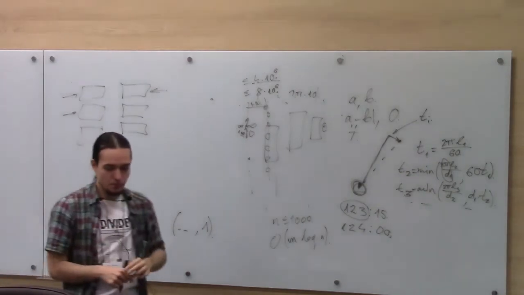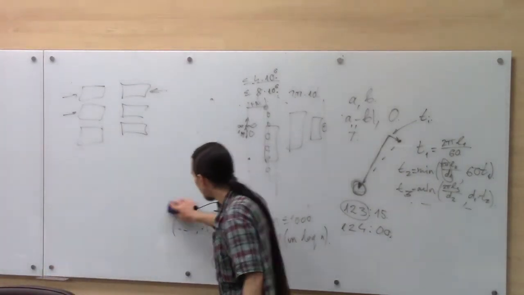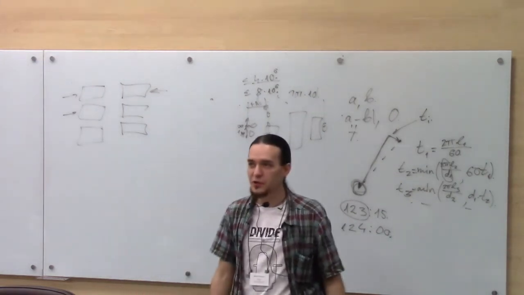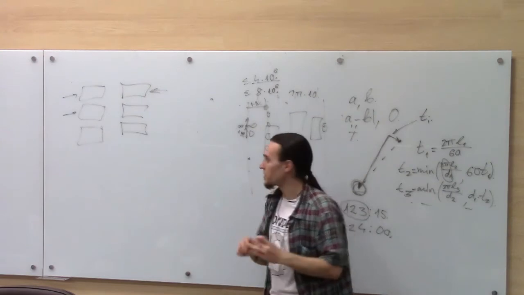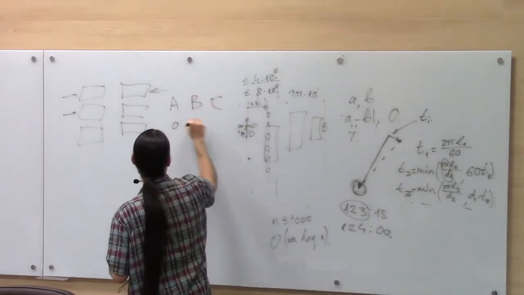And we are considering the situation where these processors have shared memory, so that in this particular problem there are three variables A, B, and C, which are initially zeros.